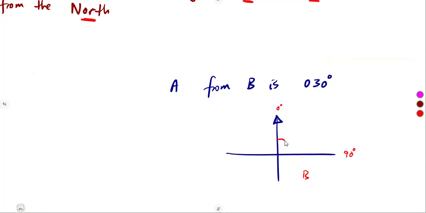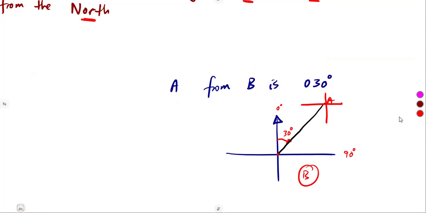From the north in a clockwise direction, our 30 degrees may be somewhere there, and then we can join from this point. So the angle in between here is 30 degrees, from the point B to A. Where A is, a North Pole can also be inserted.